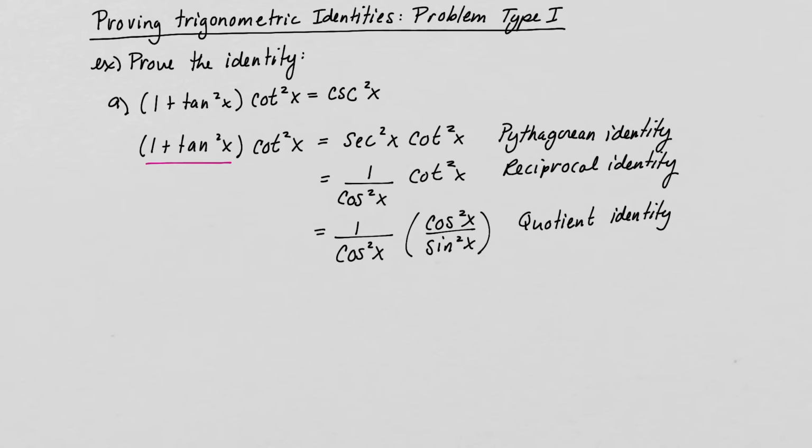Then the cosine squared x's cancel each other out, so I'm left with 1 over sine squared x. All I've done here was some algebra. Finally, 1 over sine squared x is in fact cosecant squared x, and I'm just using that reciprocal identity again.